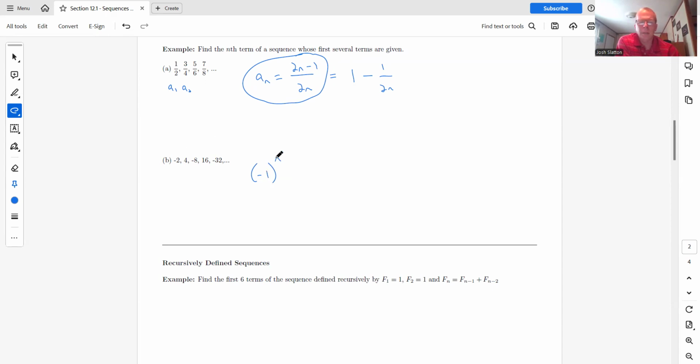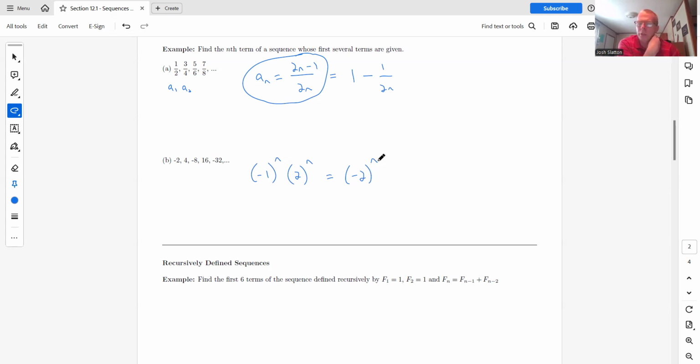So here we have -1 to the first, would give us a negative first term. -1 squared would give us a positive second term, and so on. And then the rest of these are powers of 2. So we could write this as 2 to the first, 2 squared, 2 to the third, so on. So that'd be 2 to the n. Now, in this case, we can combine these and just write it as -2 to the n.